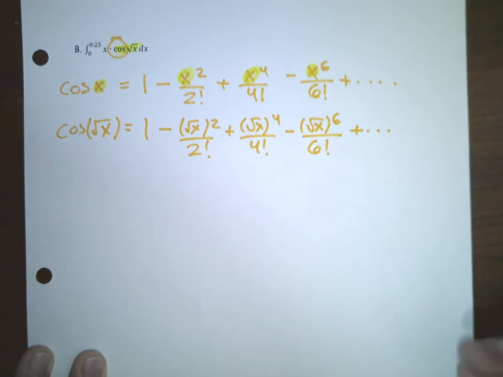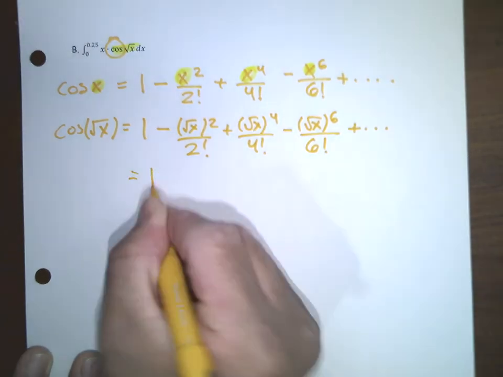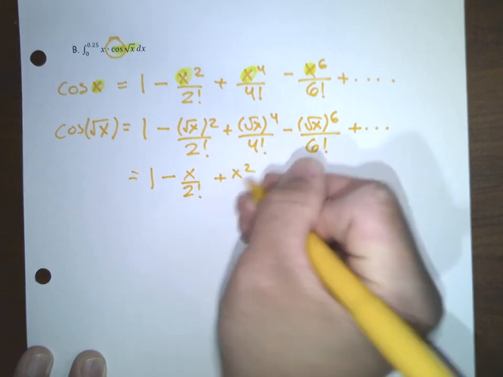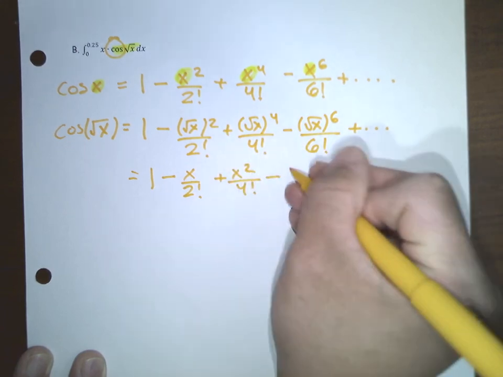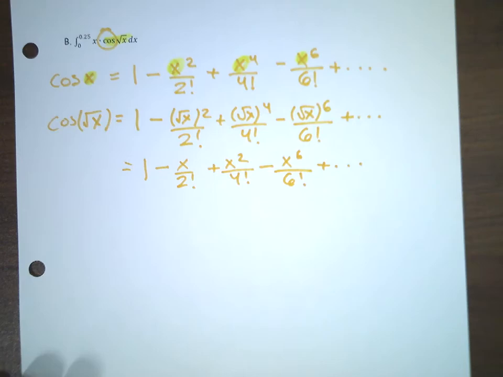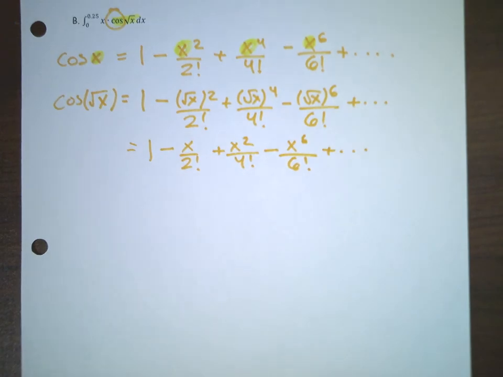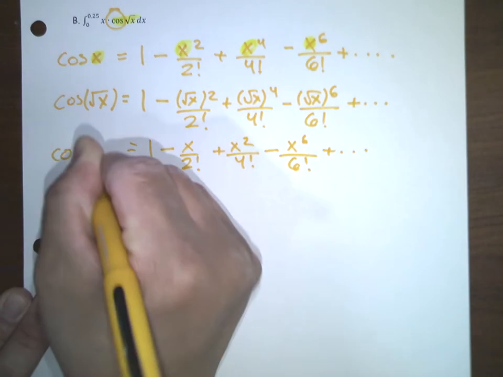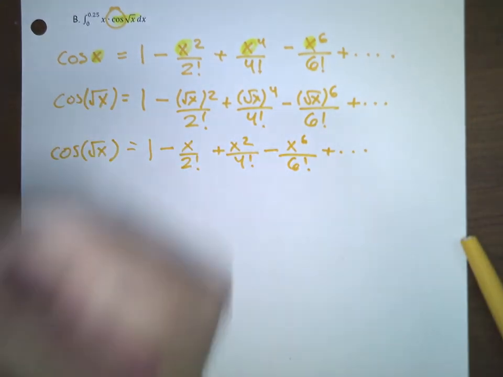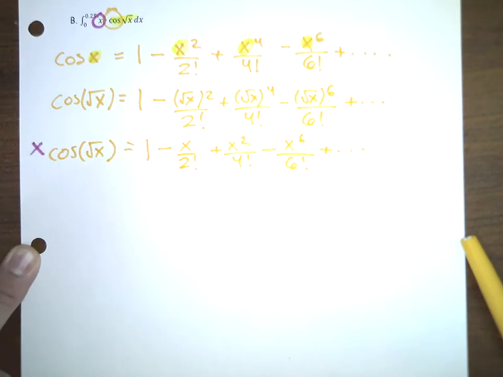And then I will simplify to get 1 minus x over 2 factorial plus x squared over 4 factorial minus x to the 3 over 6 factorial, and so on. So you don't have to simplify, but it would make it a little bit easier. So remember, this is cosine of the square root of x. But then I actually need to multiply this by another x right here.